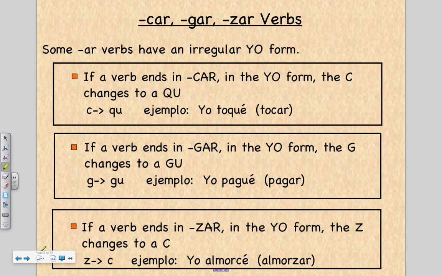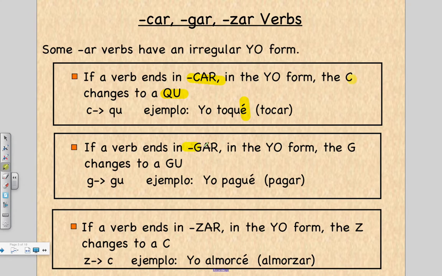Car, gar, zar: you'll remember that in the yo form, the following changes take place. And again, this is the yo form only. If the verb ends in car, the C is going to change to a QU, and then you add your E. So, tocar, the yo form is toqué. Again, the QU is only in the yo form.